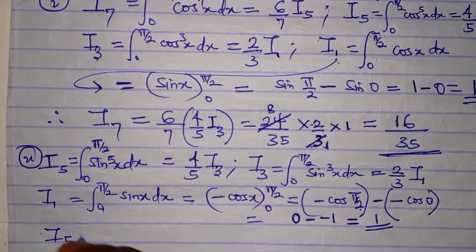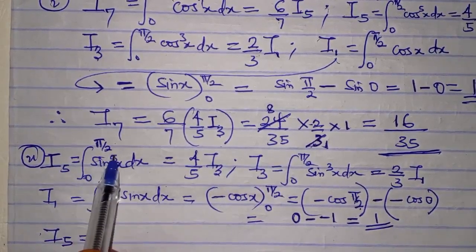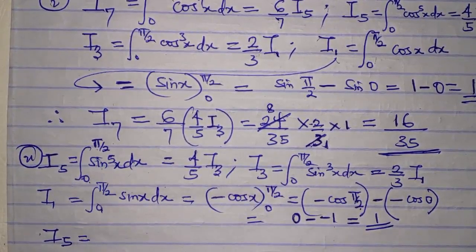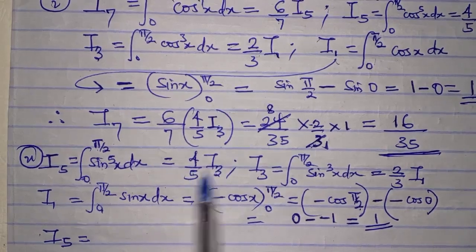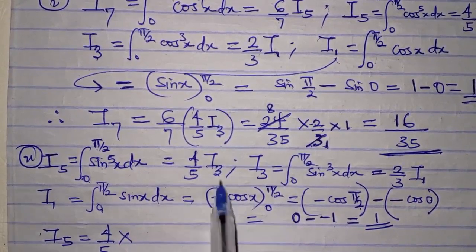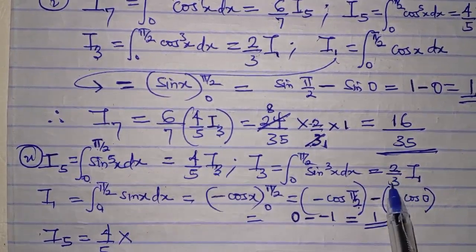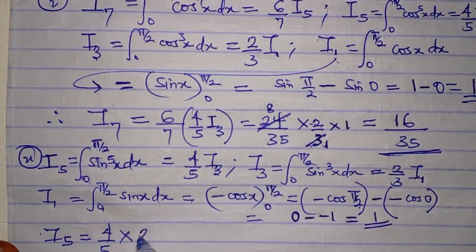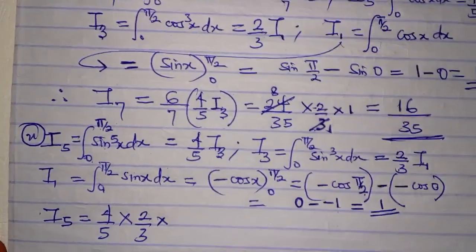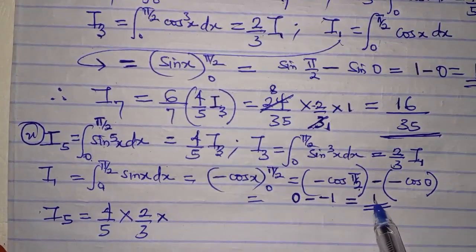I5, which is the integral of sine 5x dx from 0 to pi over 2, is now 4 over 5 times I3. What's I3? I3 is 2 over 3 times I1. What's I1? I1 is 1.